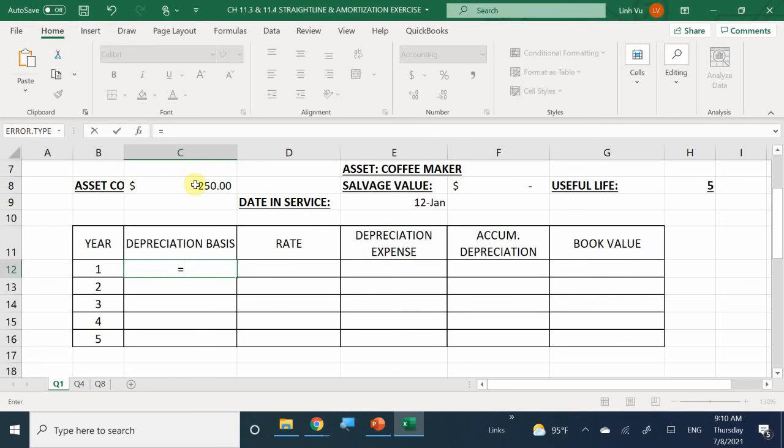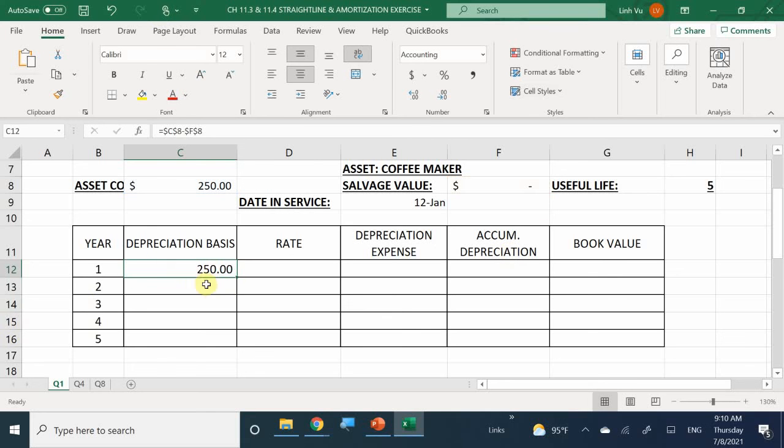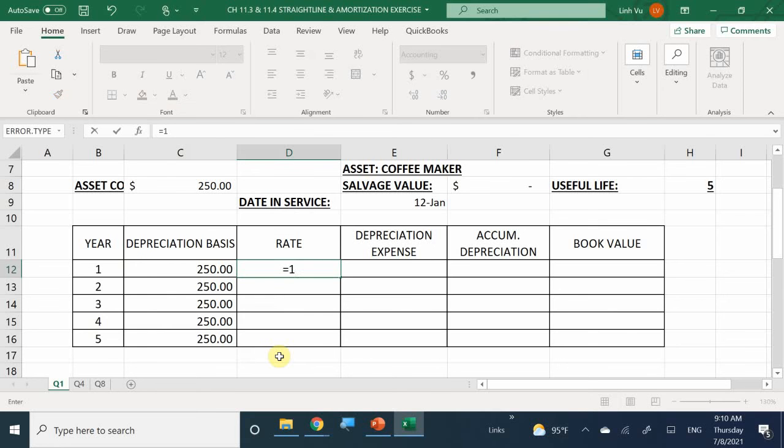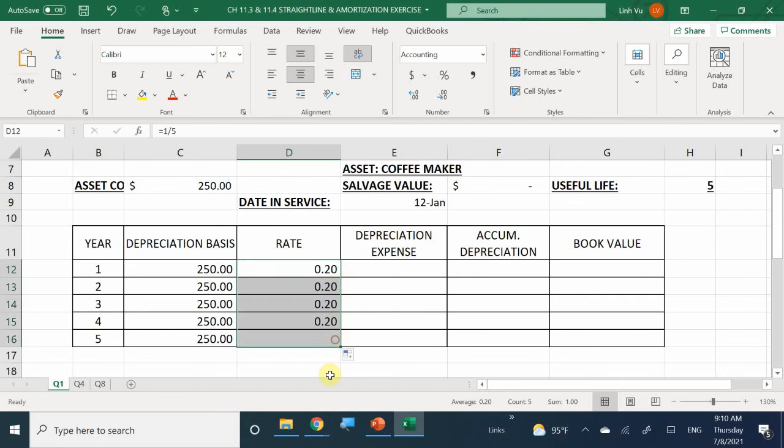250, right? It's going to be your asset cost minus salvage value, which gives me 250. Because this is straight line, it's all going to be the same. What about my rate? 20%. 1 divided by 5 gives me 20%, which is going to be the same all the way down.